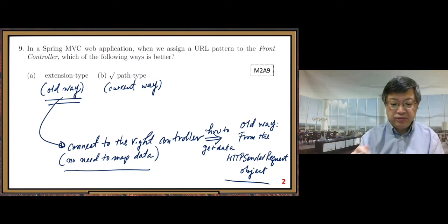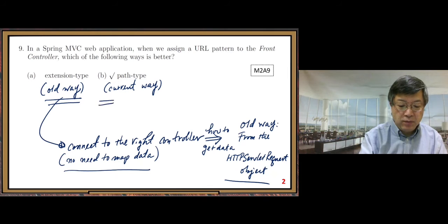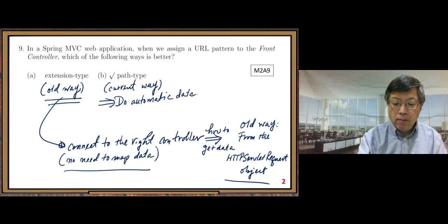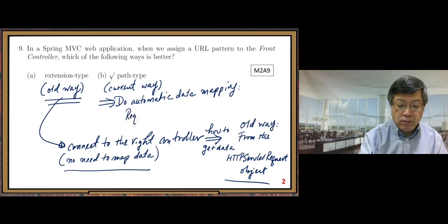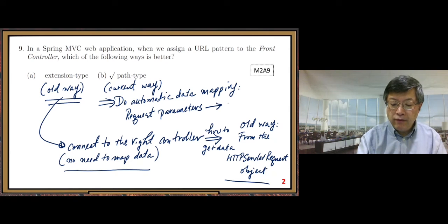More efficient here means they want automatic data mapping from request parameters to variables or parameters of the methods in the controller.